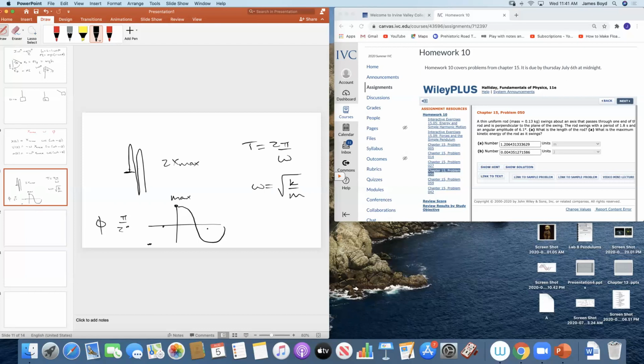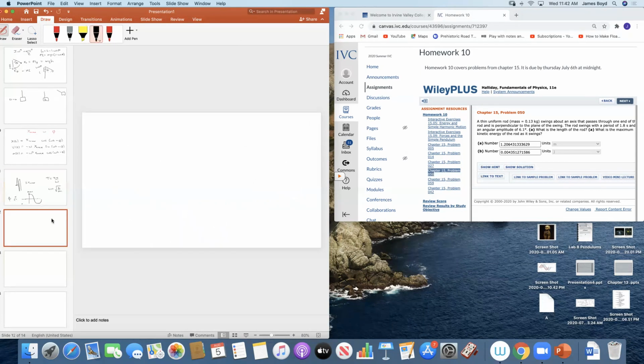If the velocity is initially going negative, it has to be starting at maximum, and cosine is, or phi is 0. If the velocity is headed to the right initially, then you know that you're offset by either pi or negative pi. That's all pretty easy.